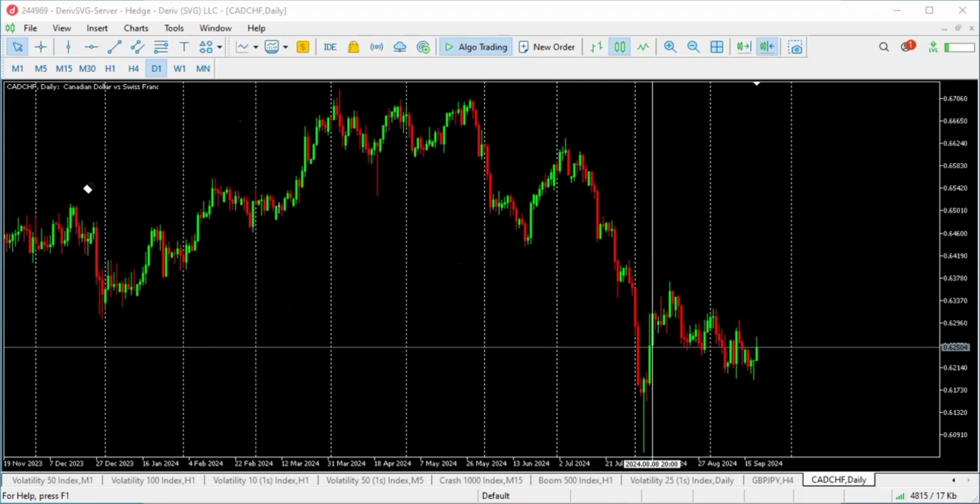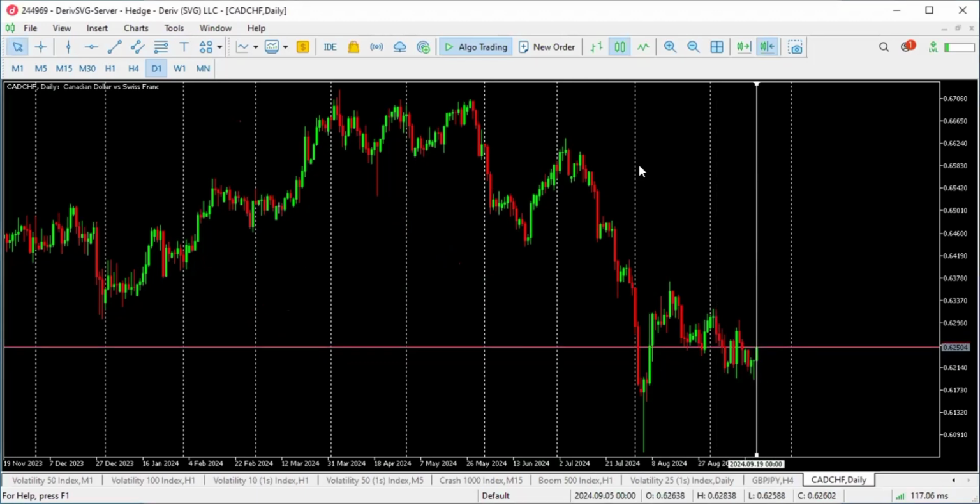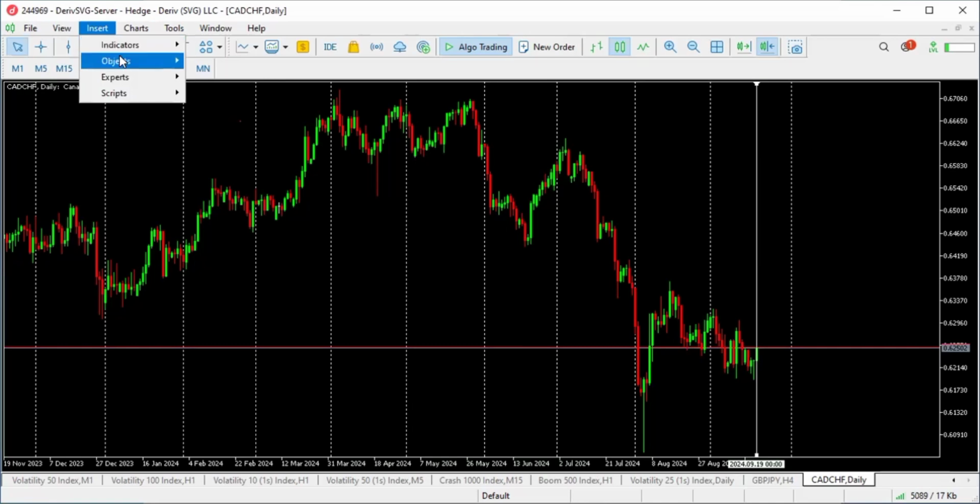We are currently on the CHF chart, and I'm going to try to mark this level so you get to see what we're talking about. This is the D1 time frame. The market created what we call a peak formation high. I'm going to use an object to represent that.